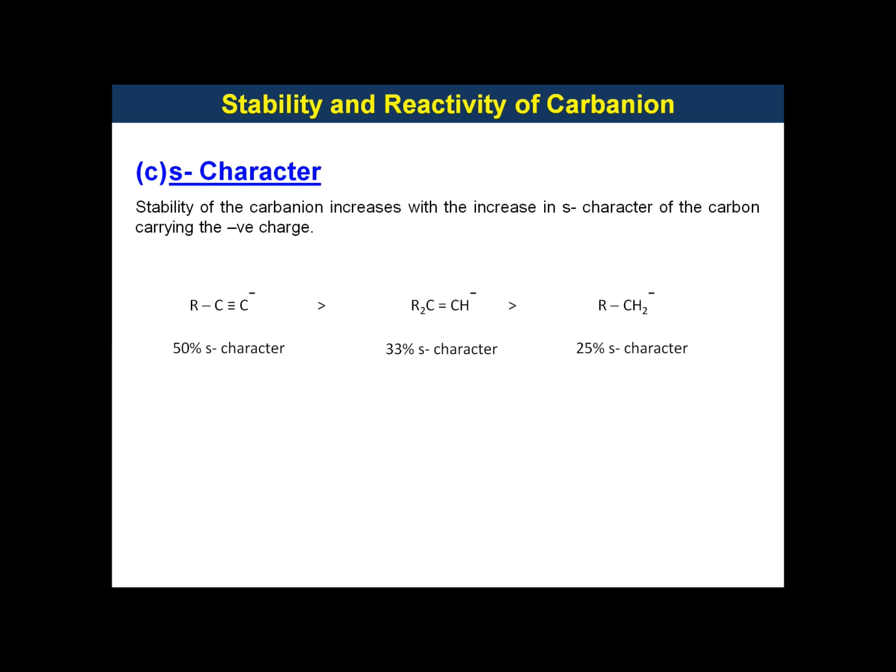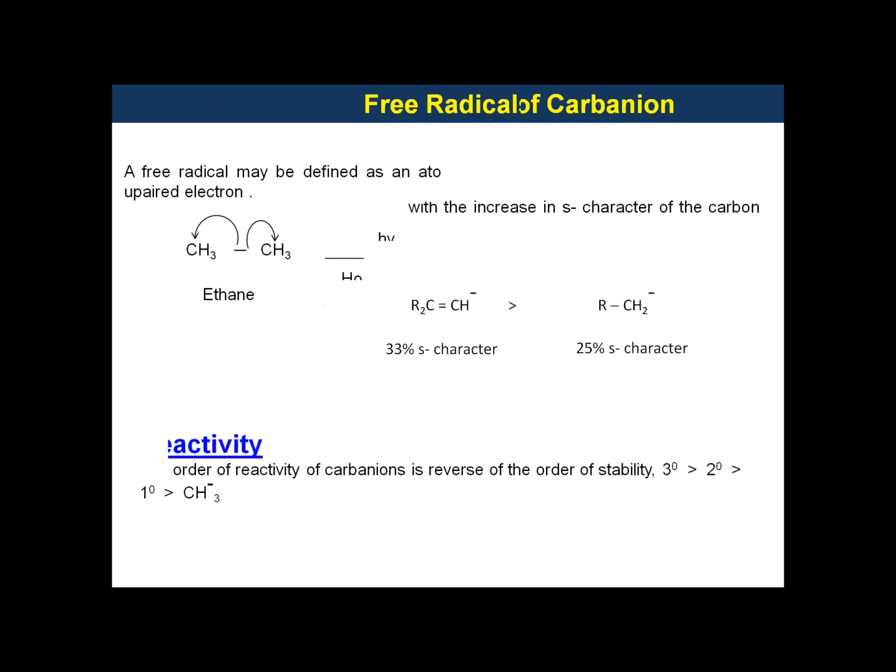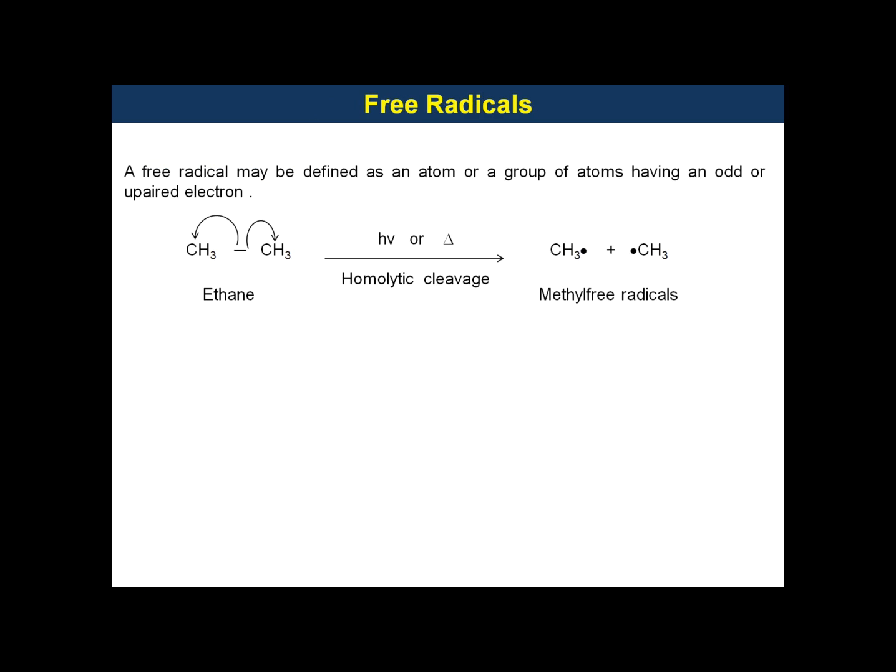Next type of reaction intermediate that we are going to discuss here is free radicals. Free radicals are generated when homolytic cleavage of bond takes place, as shown here. In general, free radicals are formed in the reaction which occur in the presence of light or at high temperature or in the presence of organic peroxides such as benzoyl peroxide.